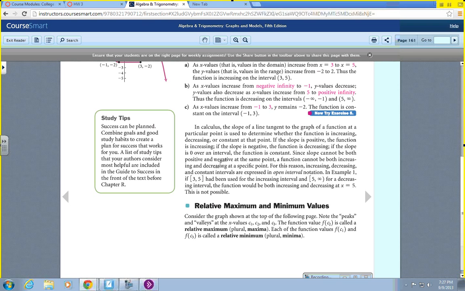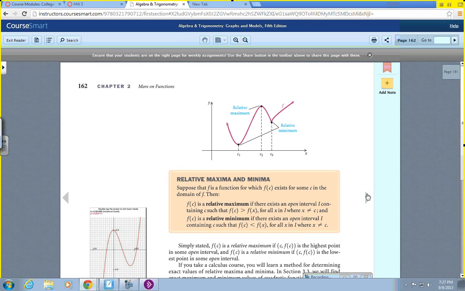So every time you see a little bump or peak on the graph, that's a relative maximum. It doesn't have to be the highest point overall. You just have to go up and come down. On this graph, you see this point identified as relative max, because relative to everything around it, that's the highest point. Same thing with those two, those are relative minimums. In relation to everything around those points, those are the lowest points.